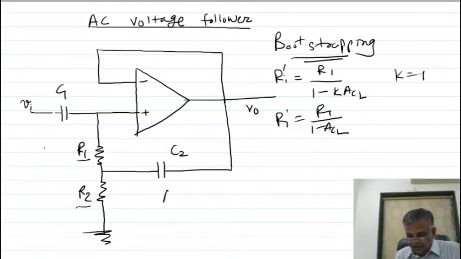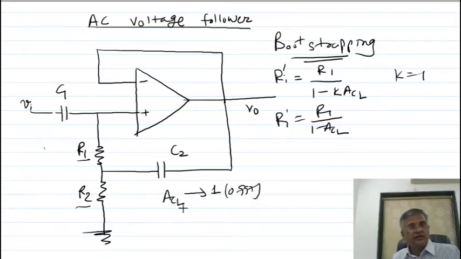And we know that ACL is always less than 1. For a voltage follower, ACL is slightly less than 1, tending to 1, but actually it is like 0.997. So Ri dash is very large, tending to infinity.